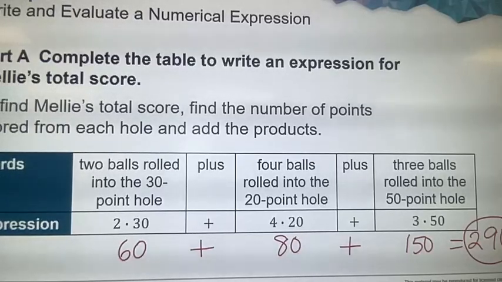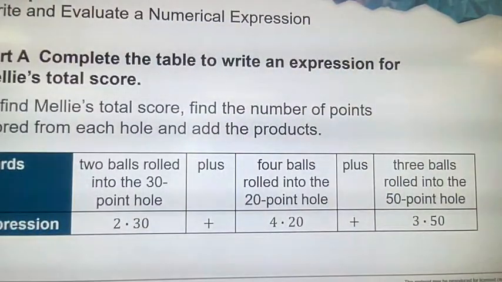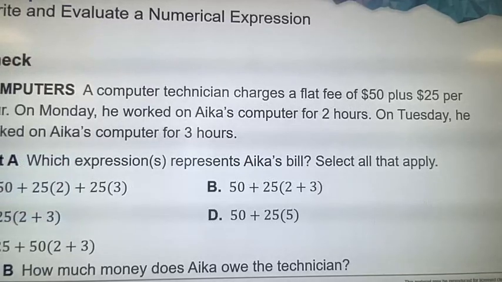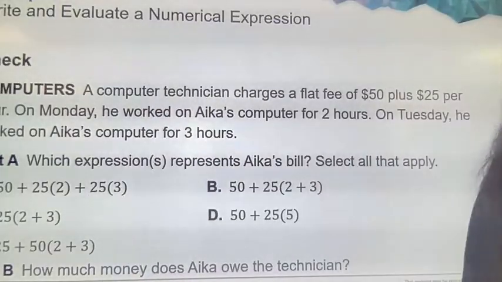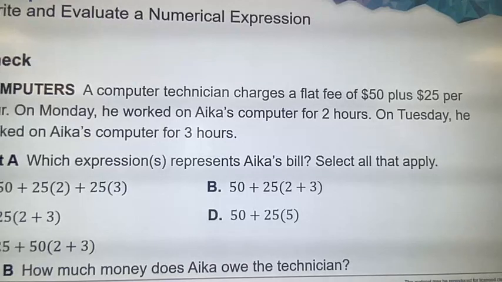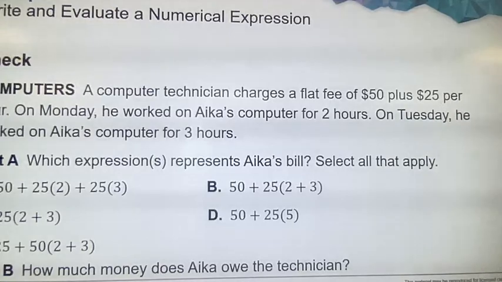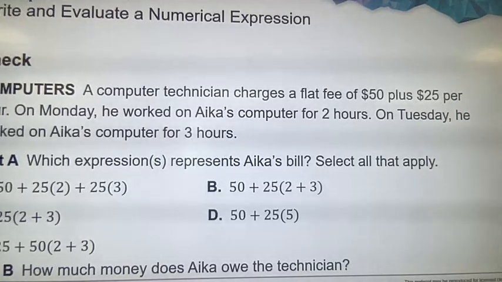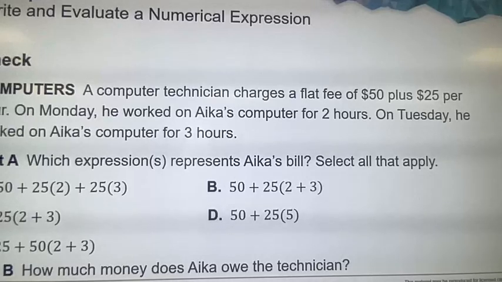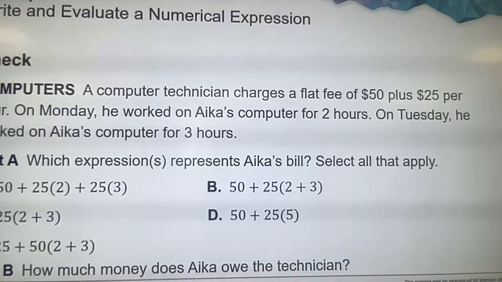All right, so let's look at this one. Write and evaluate a numerical expression again. And it says a computer technician charges a flat fee of $50 plus $25 per hour. On Monday, he worked on Aka's computer for 2 hours. On Tuesday, he worked on Aka's computer for 3 hours.